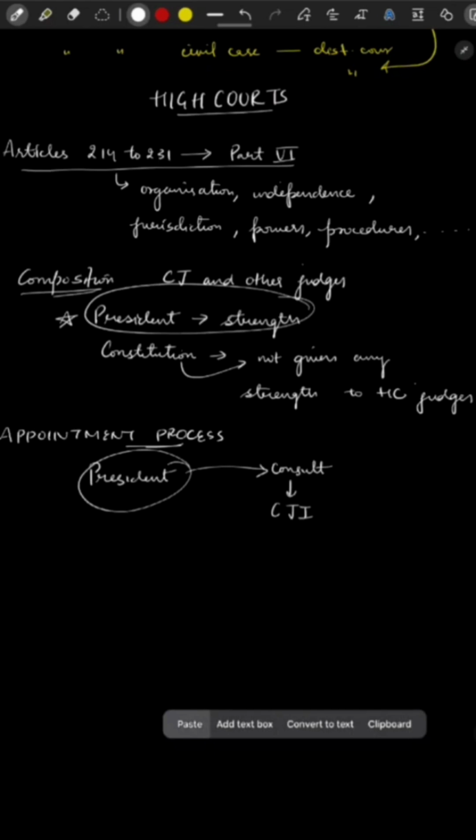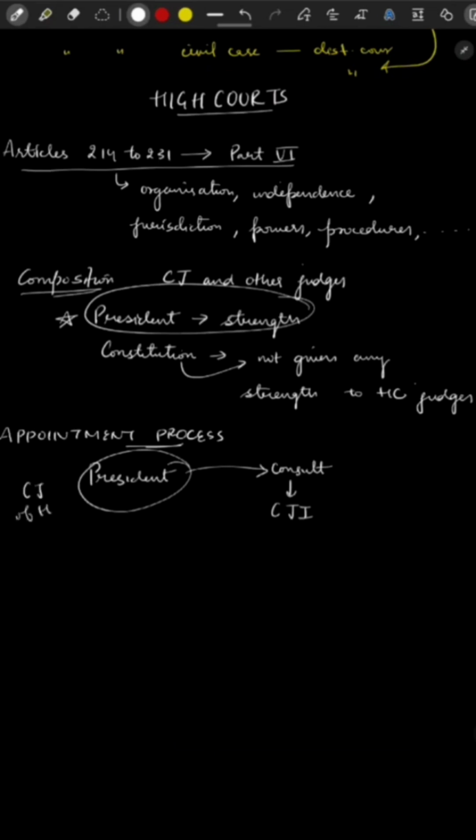If the president is appointing the Chief Justice of a High Court, then he has to consult the Chief Justice of India plus the governor of that state concerned.